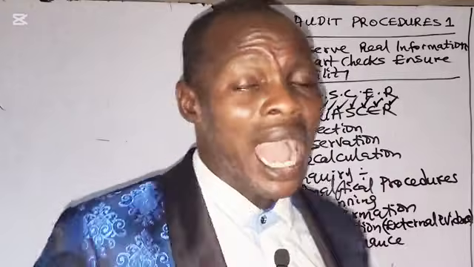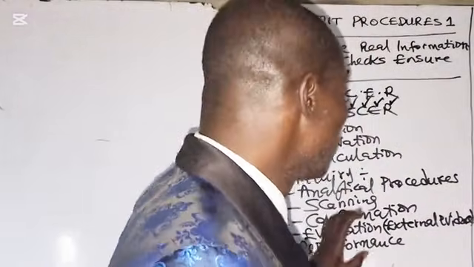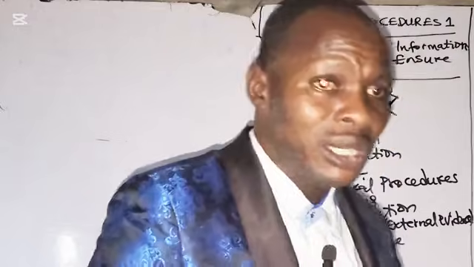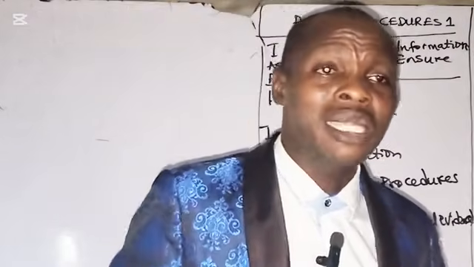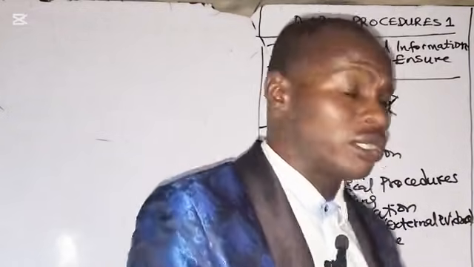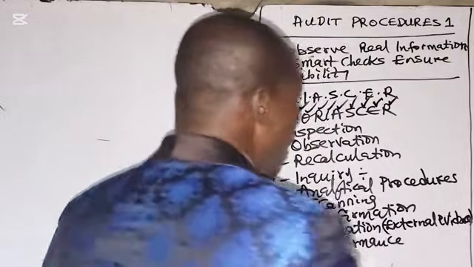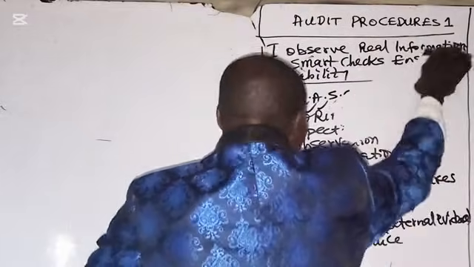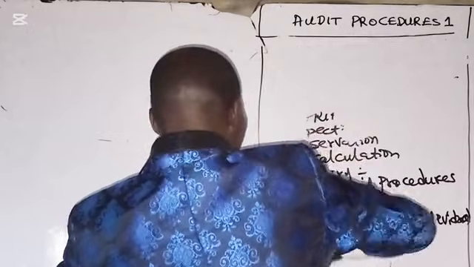You want to check the accuracy of the work you have done earlier. So the whole of the processes you have undergone, you redo everything. You repeat the process in order to ascertain the accuracy of the procedures you have carried out. Example, recounting the stock count. That is reperformance.